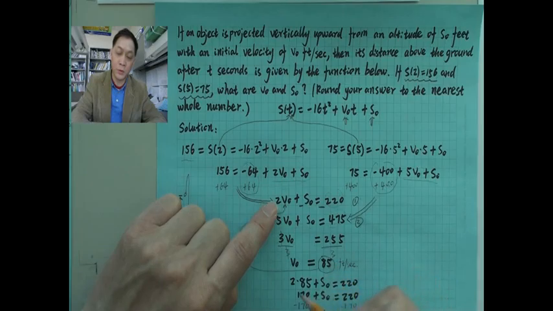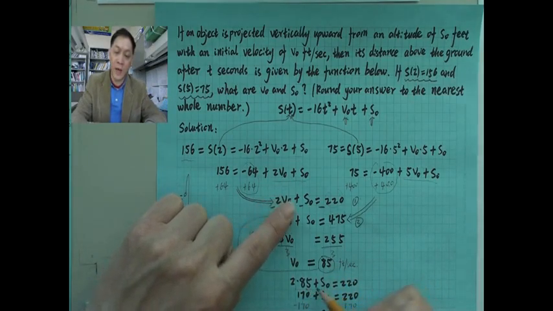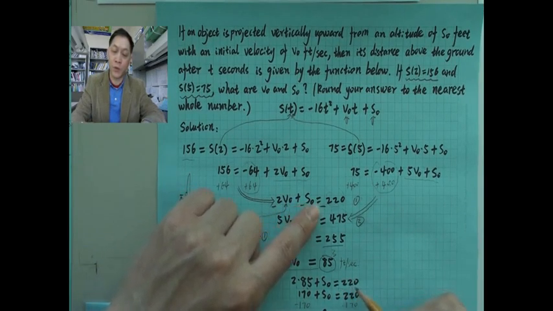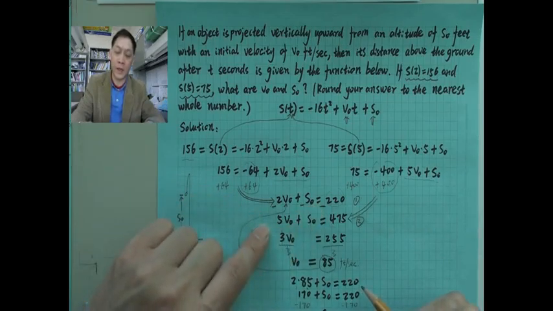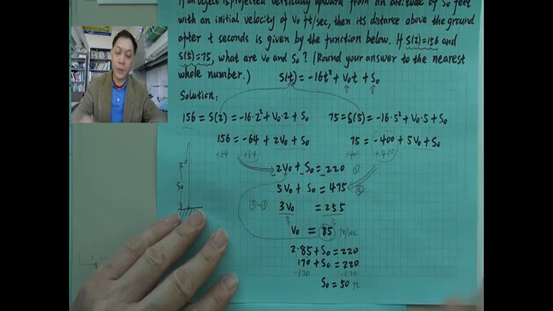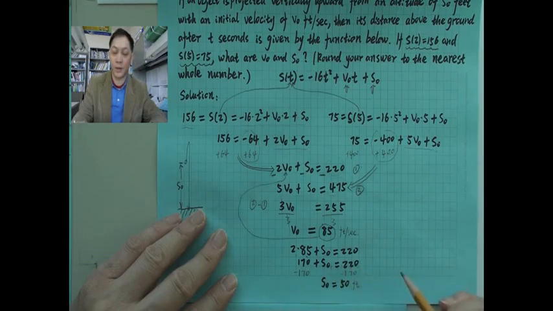That would be 2 times 85 plus s sub 0 equals 220. We know that 2 times 85 is 170. So basically 170 plus s sub 0 equals 220.